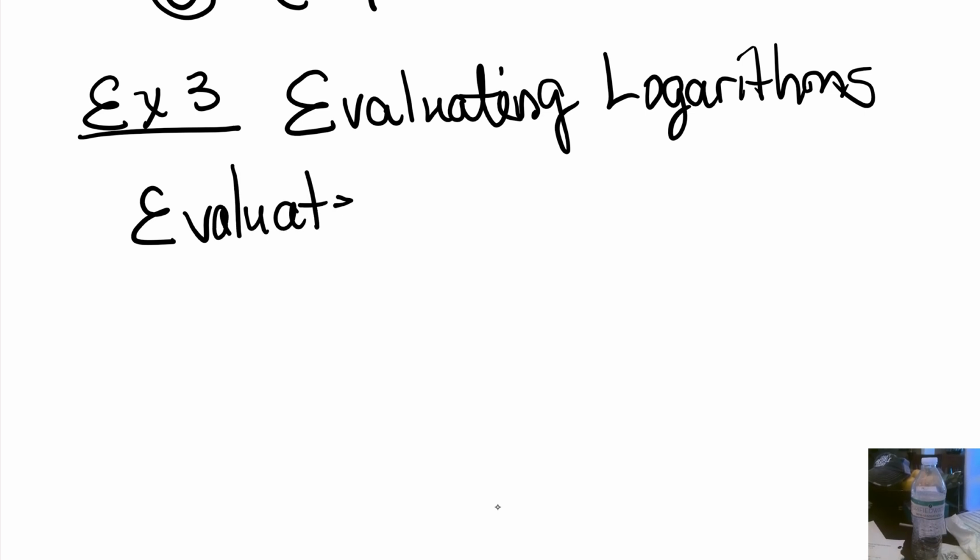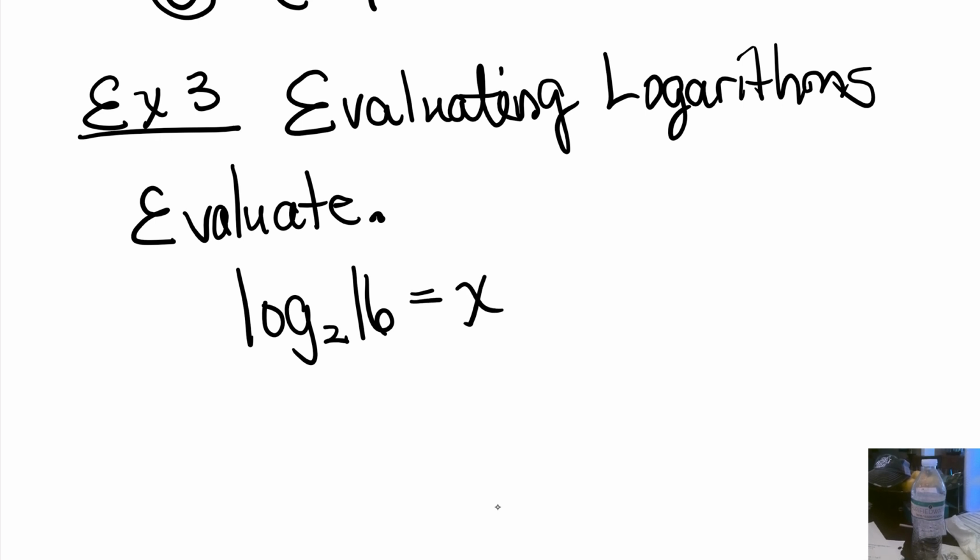We begin with log base 2 of 16. Whenever you see something like this, immediately think: if I'm evaluating this, that means I'm trying to find x. That's something they're not going to give you. You think this part out, you write it out, and then you use the pattern.